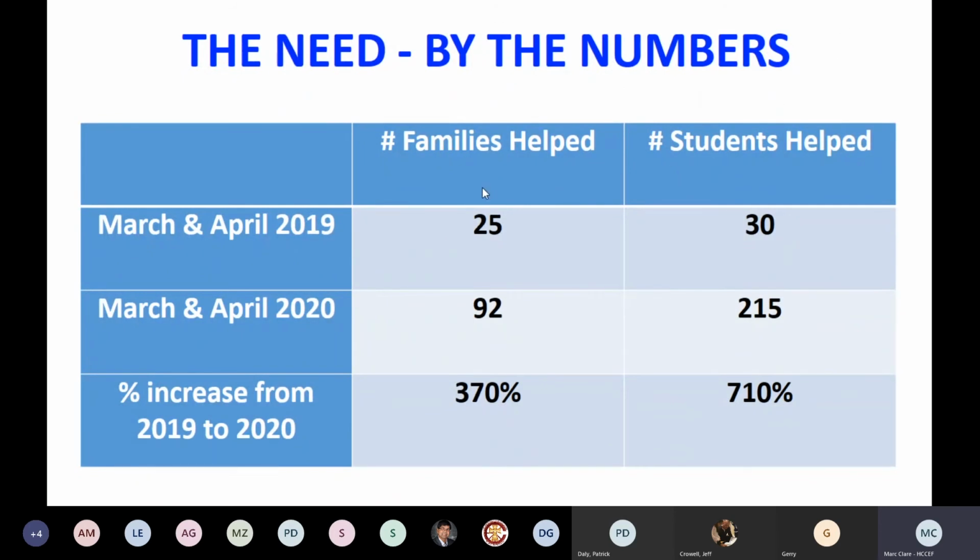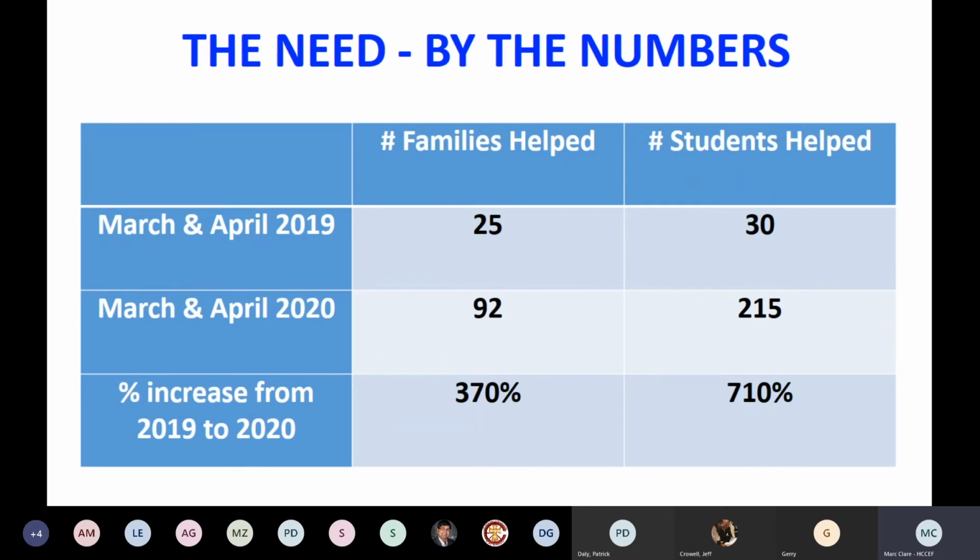In March and April of 2019, we helped 25 families, and in those families, we helped 30 students. In March and April of 2020, that jumped by 370% to 92 families, and the number of students helped jumped by 710% to 215.